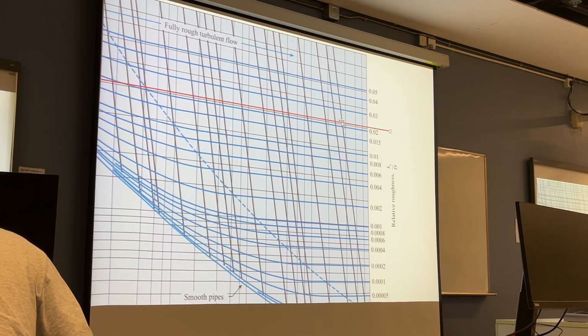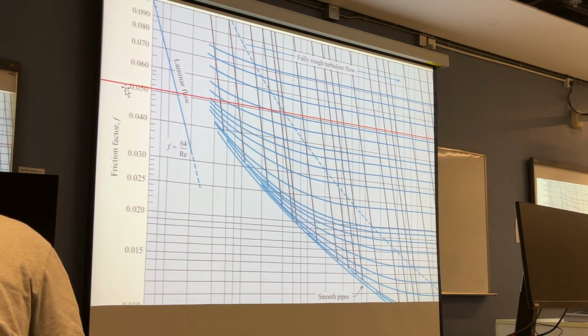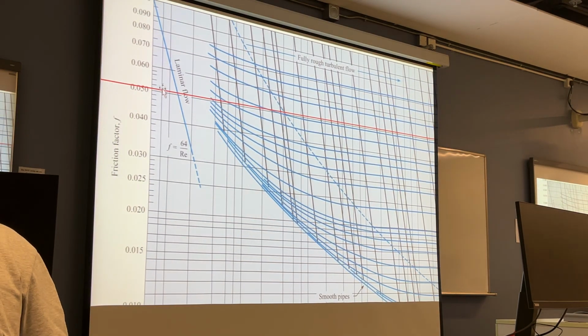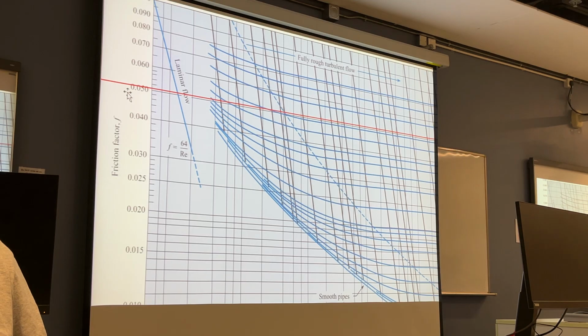So this will give us the approximate number, about 0.05.